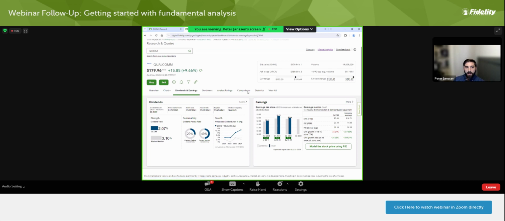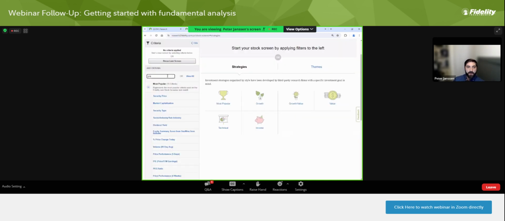Well, let's say that Qualcomm, for some reason, came out with a new chip or some new product that everyone had to have. Well, their earnings per share for the trailing 12 months might not encapsulate those forward projections that analysts or the company might be forecasting moving forward. And that is why if you come to something like our stock screener and you type in PE, you have the choice to look at what that PE ratio was for the trailing 12 months.